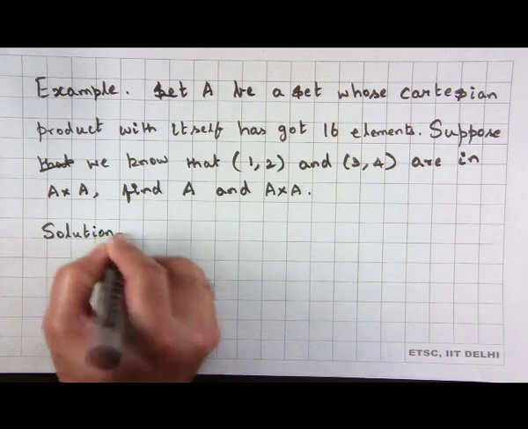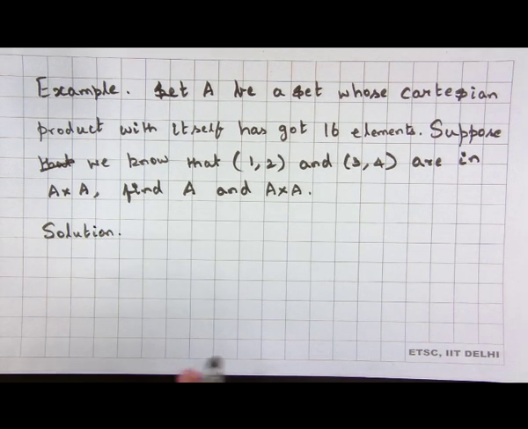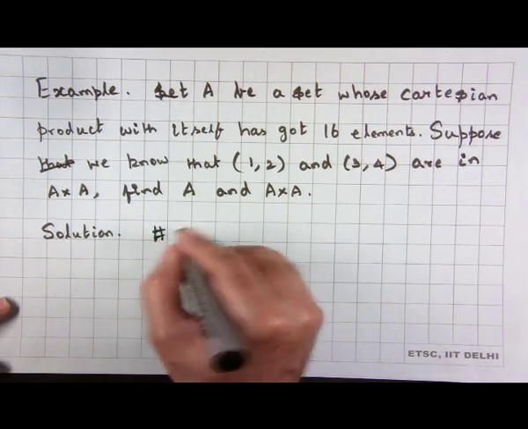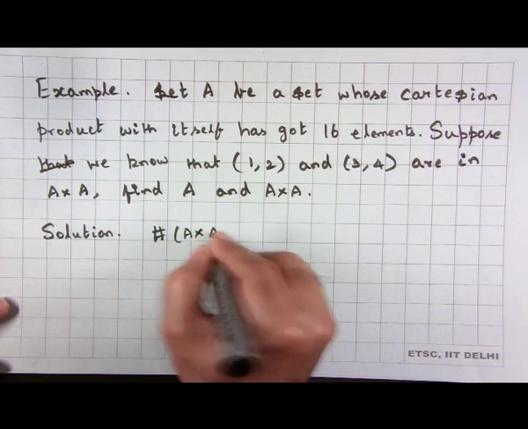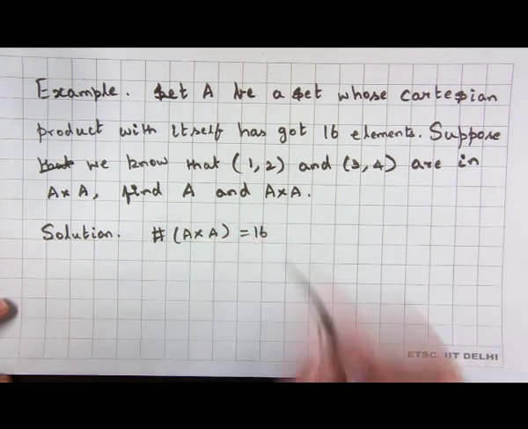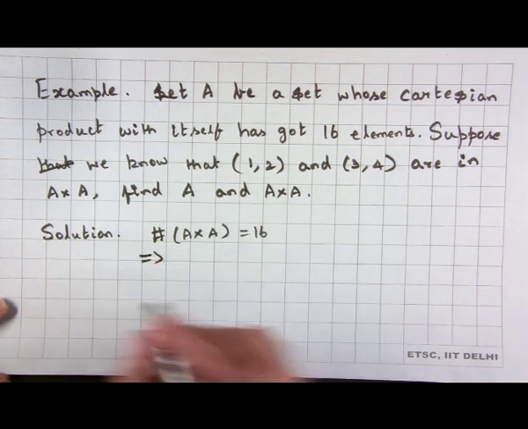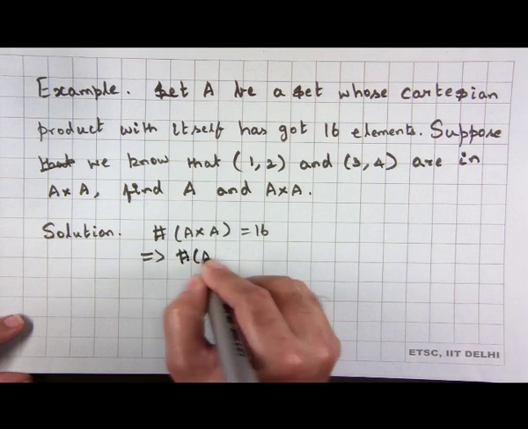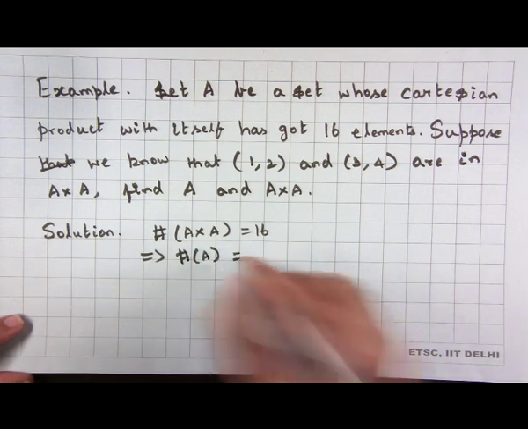The first observation that we made here is, what is given? The number of elements of A cross A is 16. That implies, as we did in the previous remark, that the number of elements of A is going to be 4.